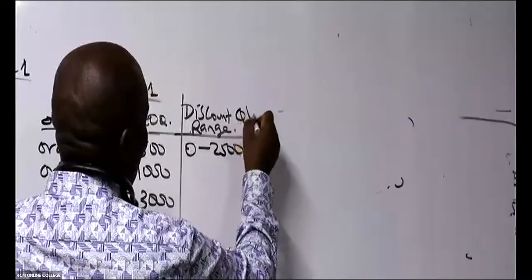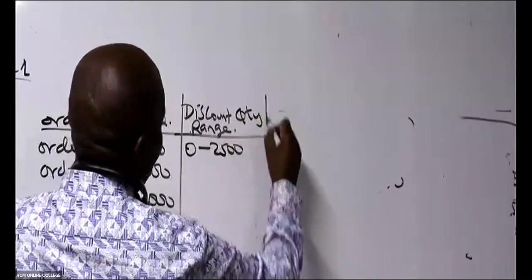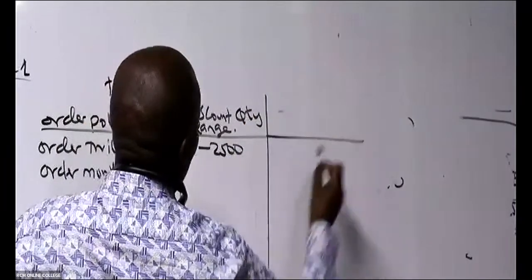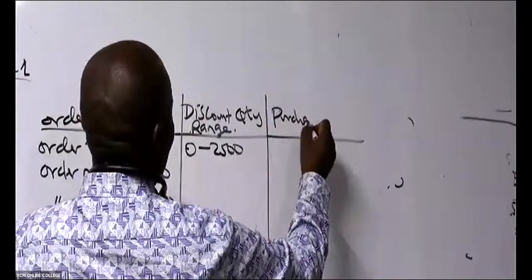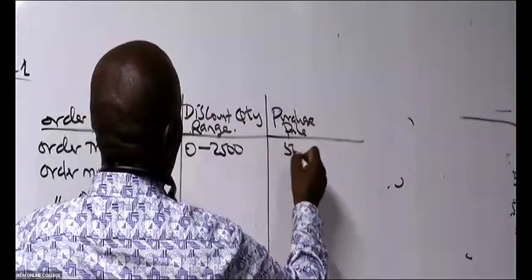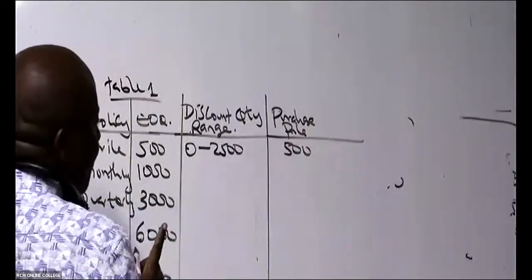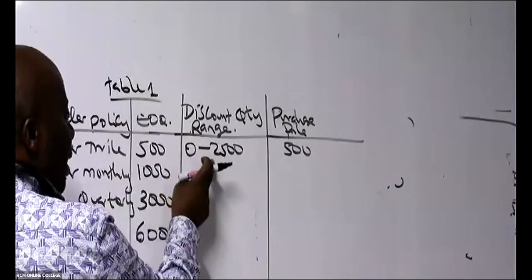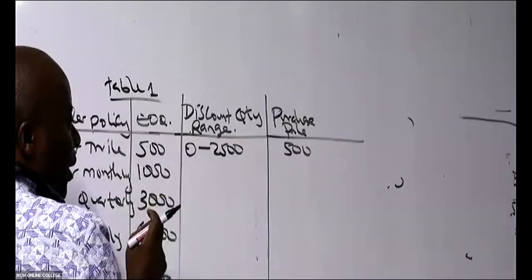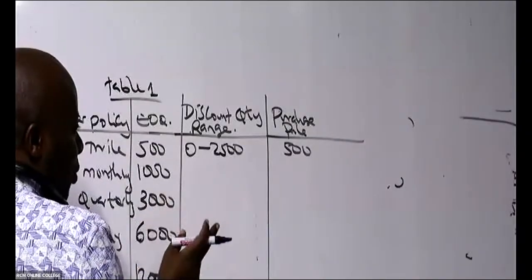Discount quantity range. So you'll be able to give me the purchase price. The first one is 500 because you can see in this particular case, ladies and gentlemen, 500 falls here. So the purchase price will be 500.